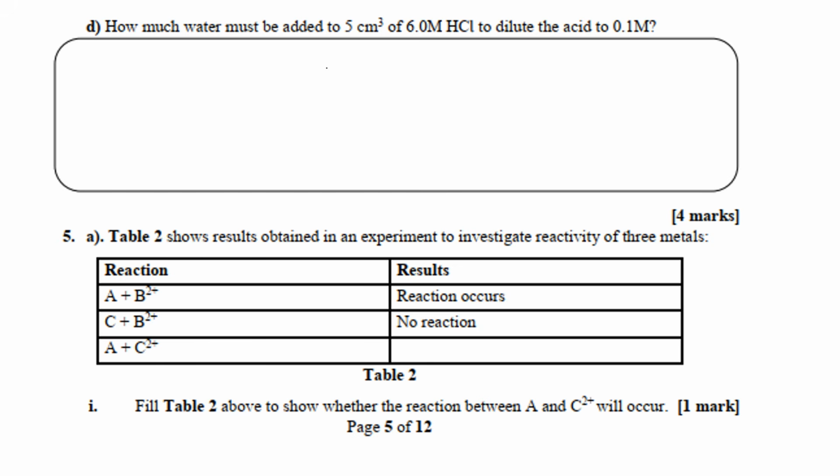Let's suppose we have this, and we have 5, so this is 5 mils or cubic centimeters.